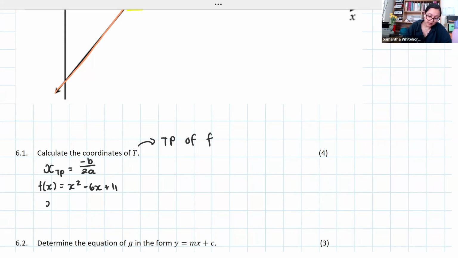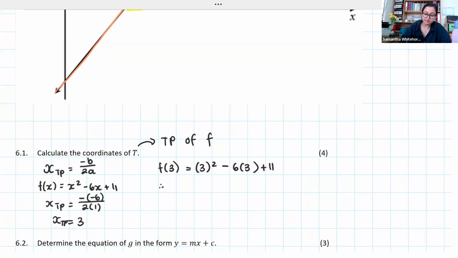Then you just go and find your x-coordinate. Minus b would be minus 6, over 2 times a, so 2 times 1. Minus 6 is plus 6, and 6 divided by 2 is 3. So the x-coordinate of your turning point is positive 3. You now want to get your y-coordinate, so you sub it back into your original function: 3 squared minus 6 times 3 plus 11.